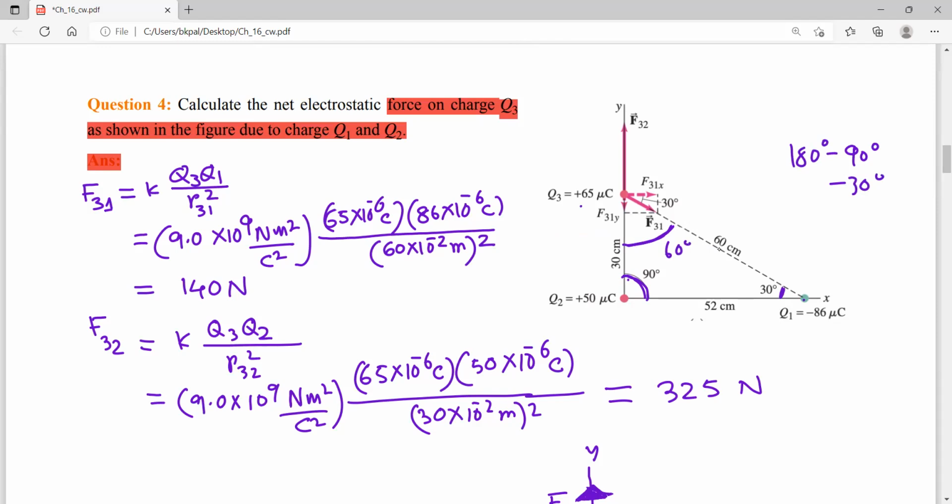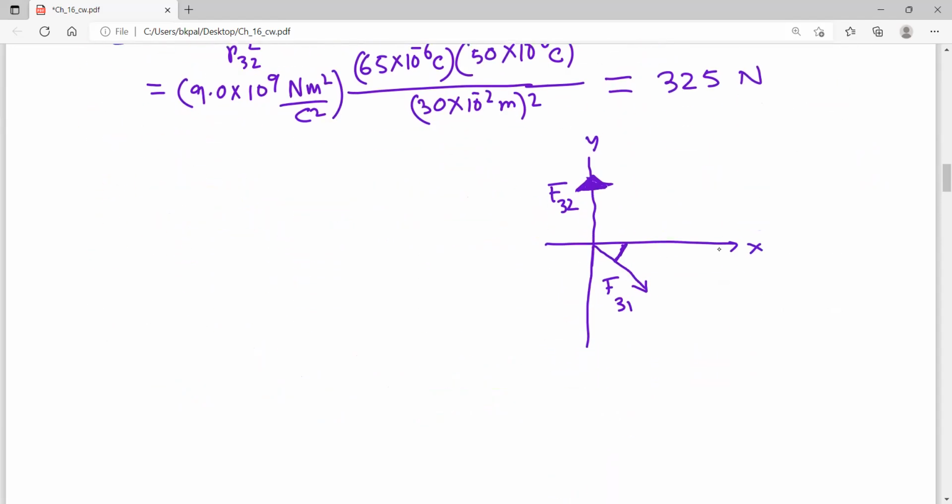This is our x-axis in our coordinate system, so if it is 60 degree, this will be 30 degree. So now we have all the information.